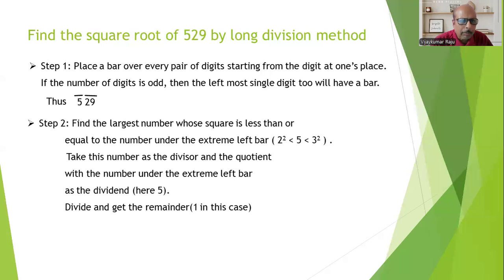find the largest number whose square is less than or equal to the number under the extreme left bar. The extreme left bar is this, so you have to find a number whose square is less than or equal to 5. 2 squared is 4, which is less than 5, and 3 squared is 9, so 5 lies between 4 and 9.